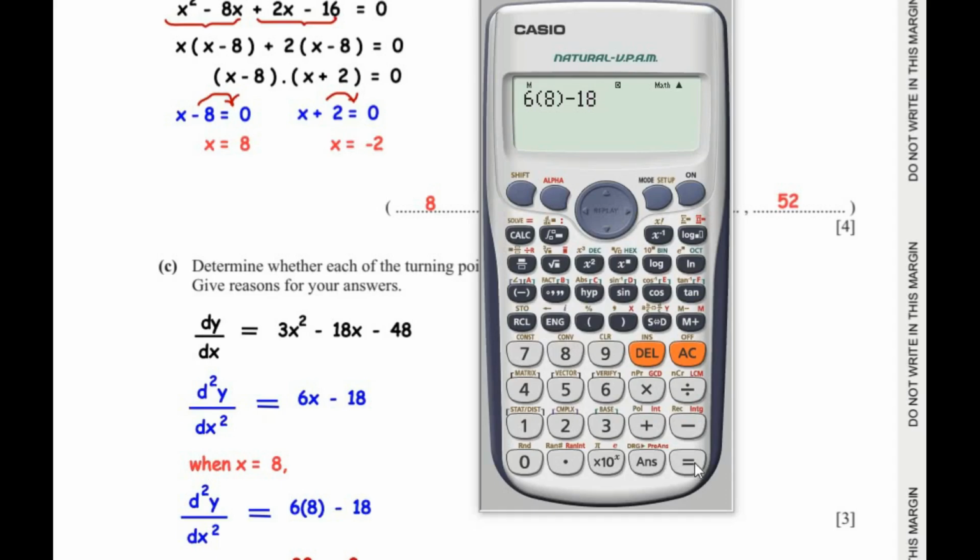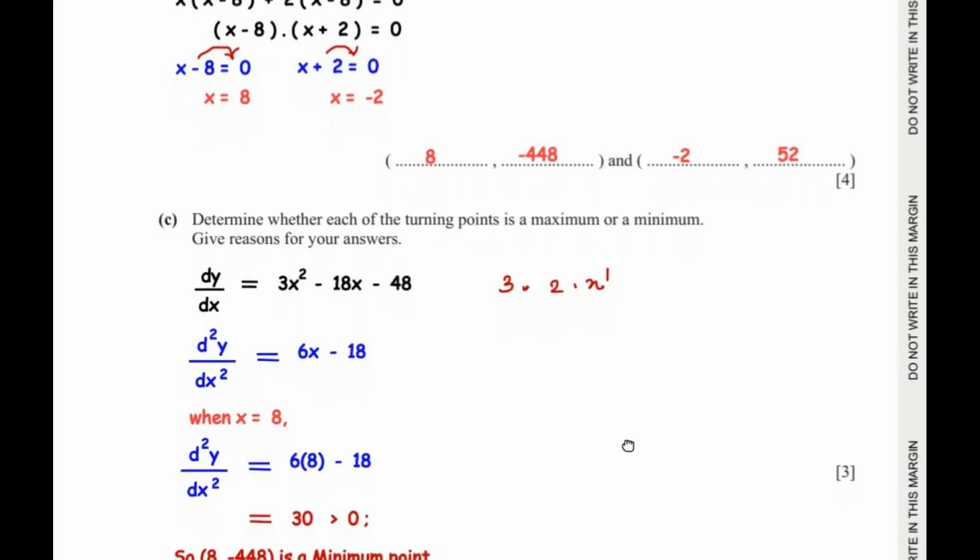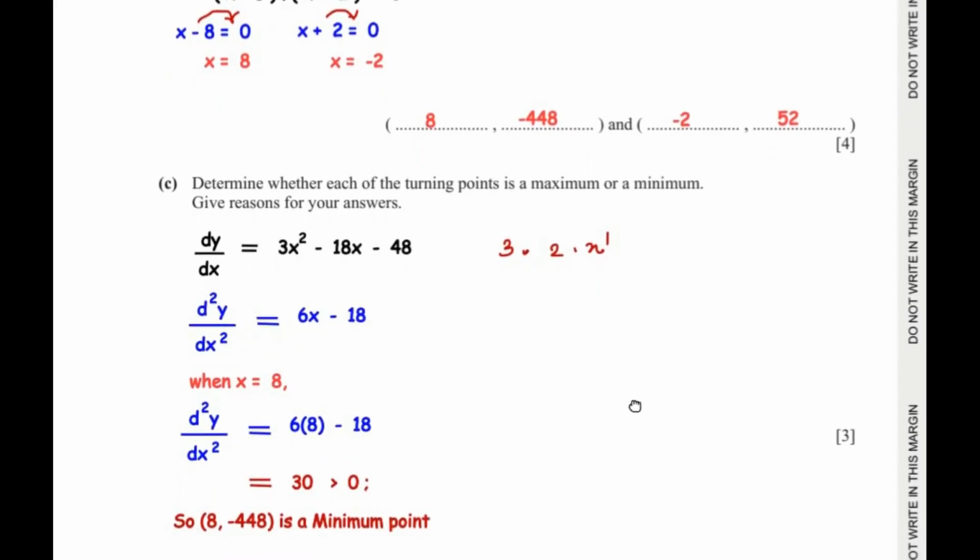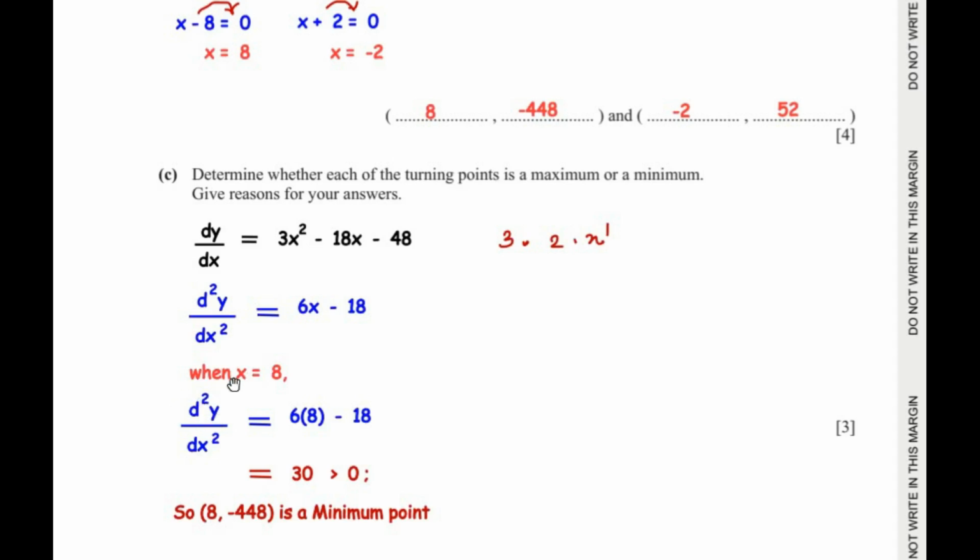This is going to give us d squared y by dx squared as 30. So here we have written 30, which is greater than 0. So remember that when d squared y by dx squared is greater than 0, that is, it is a positive value, then the turning point becomes a minimum point. So here the reason is, since the double differentiation d squared y by dx squared is greater than 0, the coordinate 8, negative 448 is a minimum point.